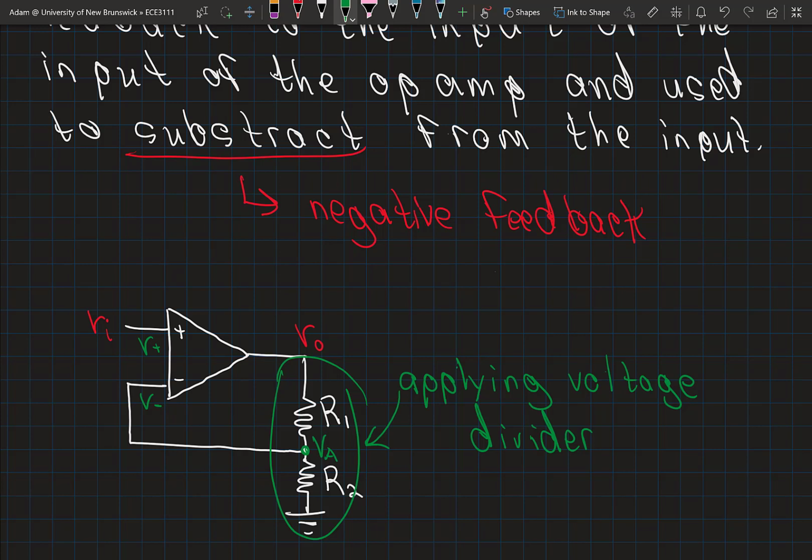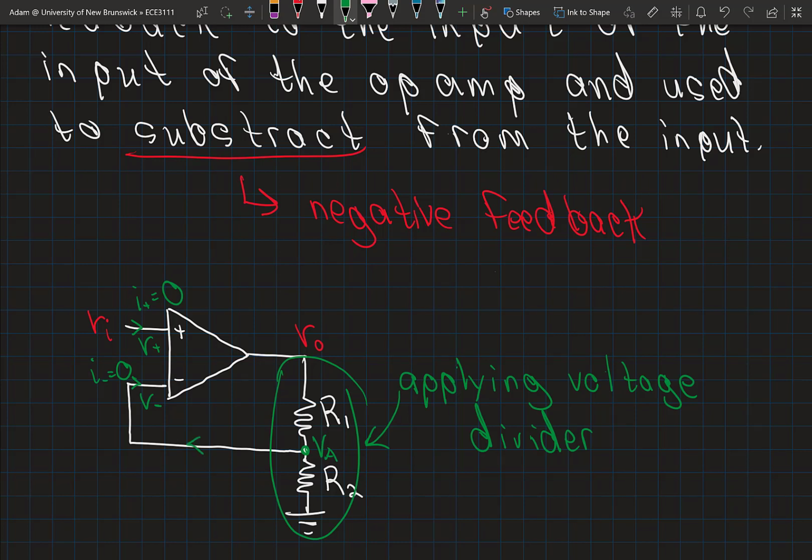I'm also going to label my currents here. The current flowing into this non-inverting terminal, again, assuming infinite input resistance, will be 0. The current flowing into the inverting terminal will also be 0 if we're assuming infinite input resistance.